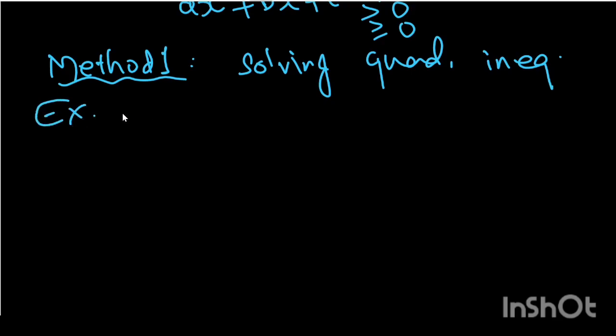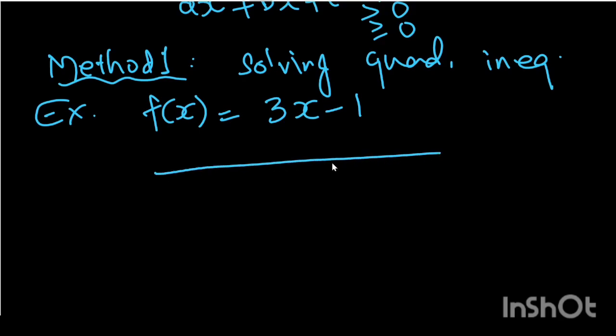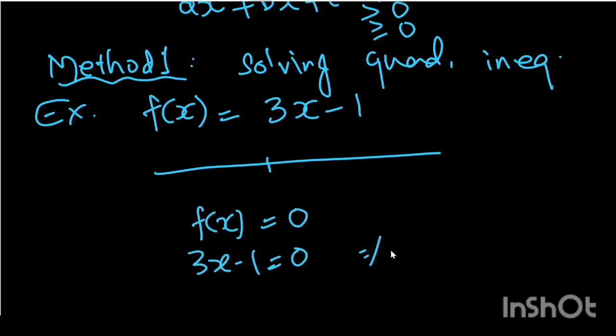So let's say fx is 3x minus 1. On the number line I will plot x. fx becomes 0 at x equals 1 by 3.